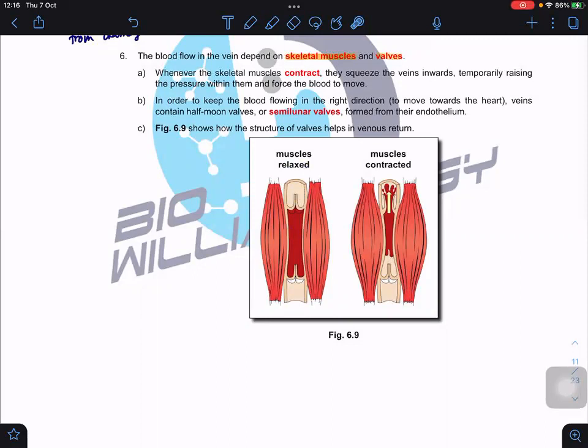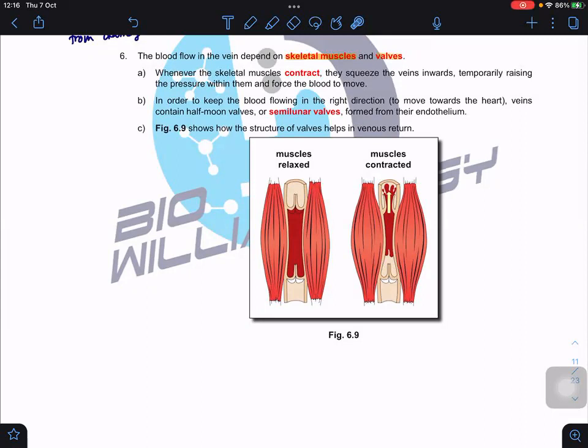So when we move, what will happen? When we move, our muscle contracts. When the muscle contracts, it squeezes the blood from one region to another region. But when the muscle relaxes, the blood won't be able to backflow, due to what? Due to the presence of the semilunar valve. So this semilunar valve will close.